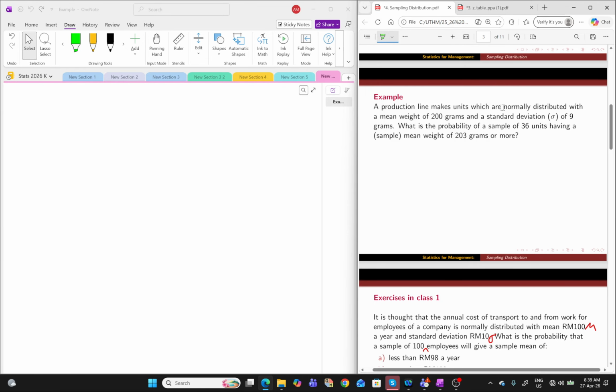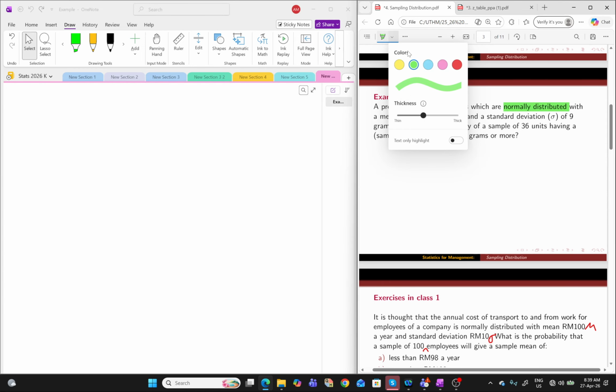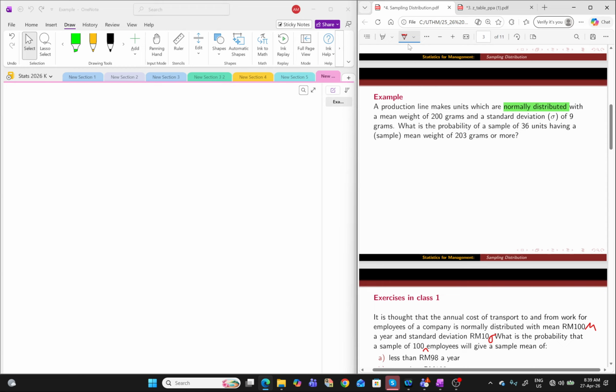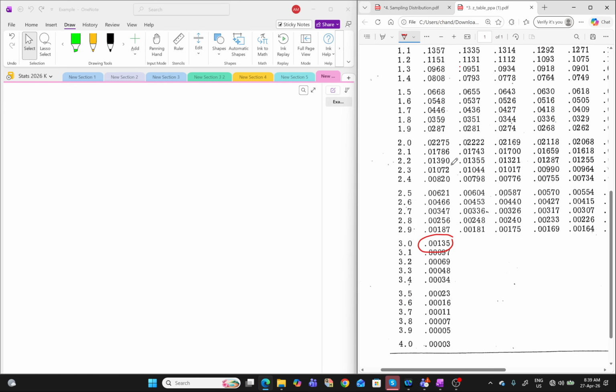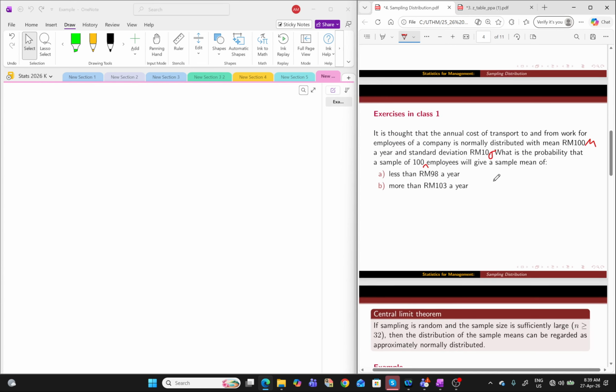In the question, they have mentioned that a production line makes units which are normally distributed. Okay. Ada perkataan, when you see this word normally distributed, then kita boleh gunakan, we can use the Z table.